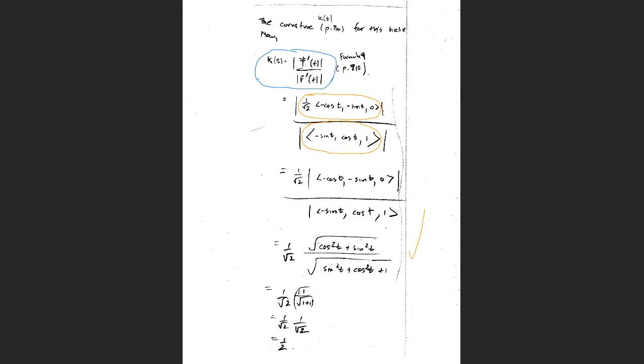You end up getting a half for the curvature. So we end up getting constant curvature.